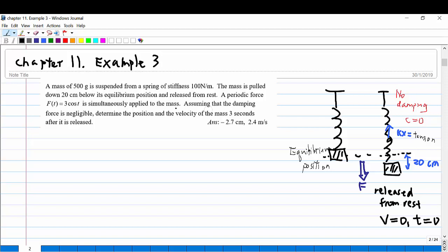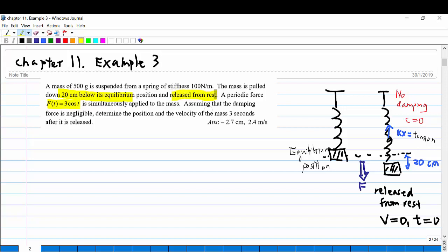I have a picture of the diagram of the spring mass system at the equilibrium position where the tension and the weight are balanced. Now, this spring mass system is disturbed by pulling down 20 cm below the equilibrium position, and an external force acts on the mass, and it is released from rest.